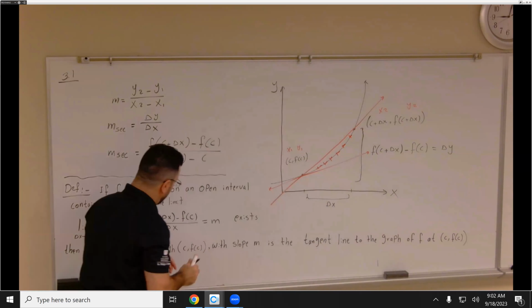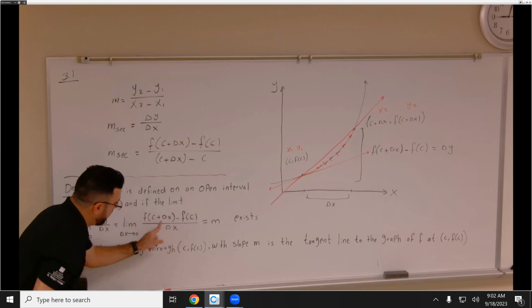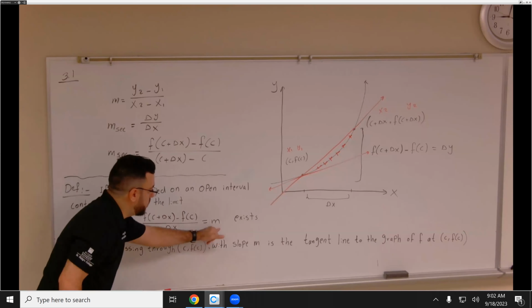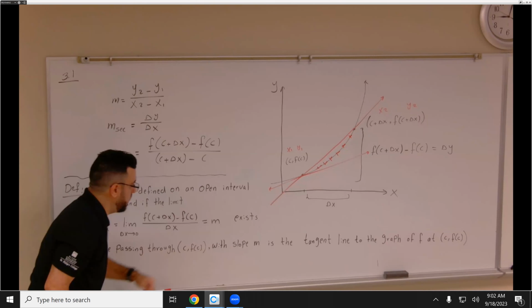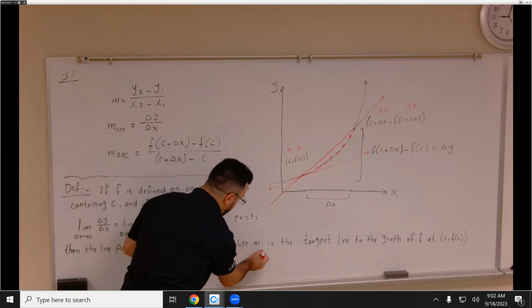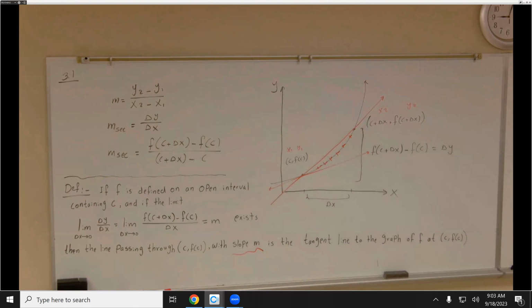Okay? The slope, which is the limit of the slope. Here's our slope. Now, what are we going to call this one? Then the line passing through the point has this slope. But we're not going to call it slope anymore. We're going to call it derivative.